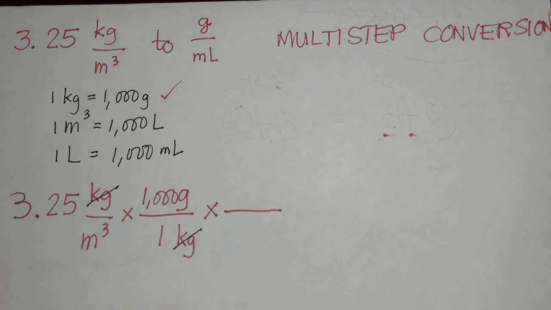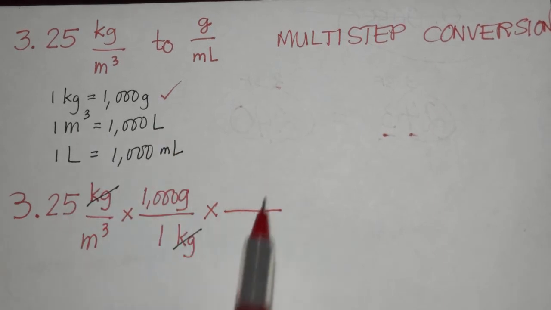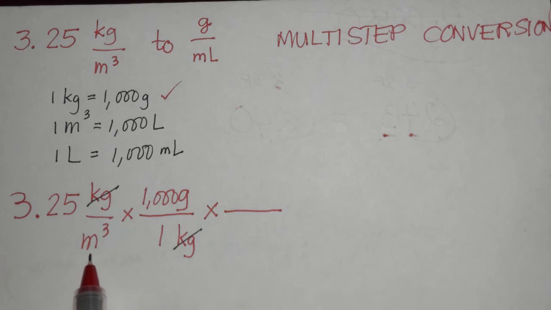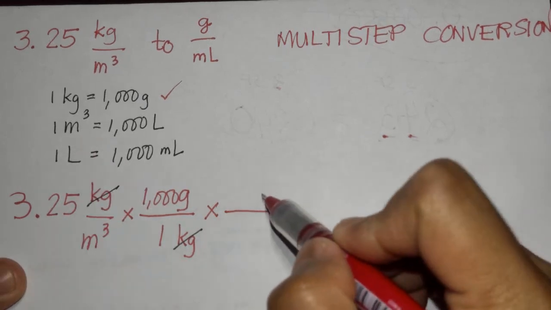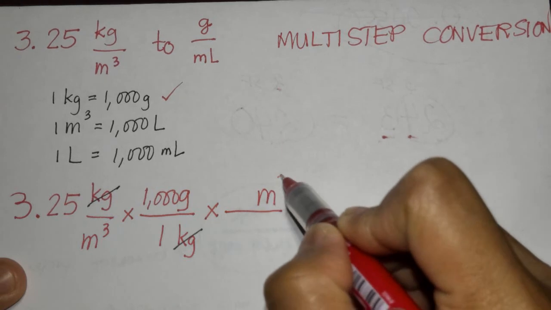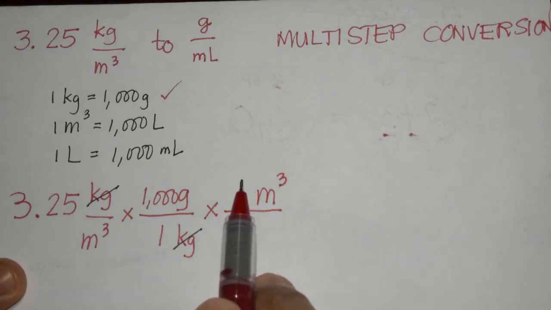Then when we are trying to decide whether to put m cube and liter above or below, look at the given. The given m cube here is at the bottom. So therefore, when I put my m cube for the conversion, I have to have another m cube on top so that the bottom and the top get to cancel out.